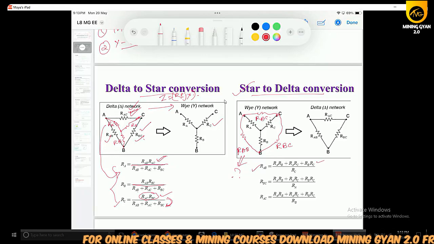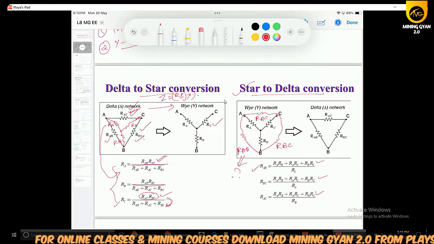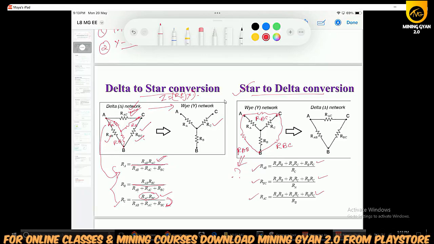The numerator values are the same in all three cases, so this will be common. You just multiply RARB plus RARC plus RBRC, meaning multiply two resistance values at a time.